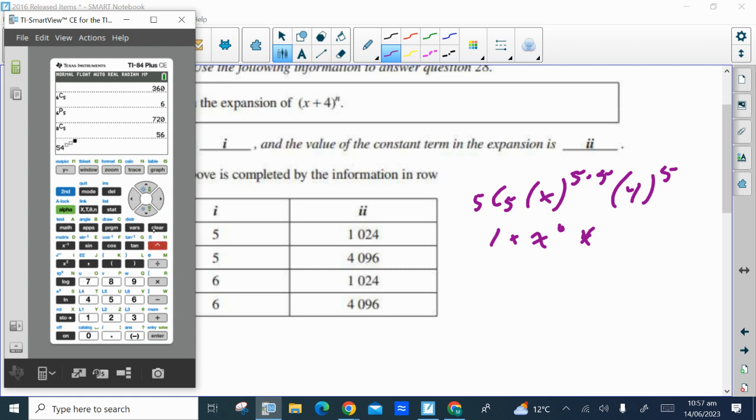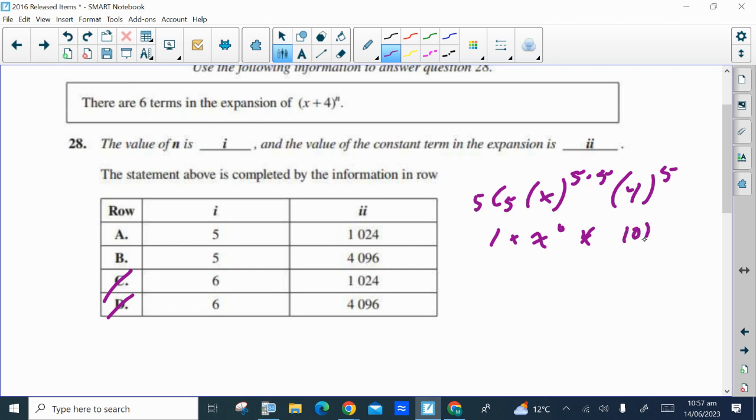Try that again. 4 to the power 5 is 1024. So when you multiply those, you'll get 1024, and that's why A is the answer. Okay?